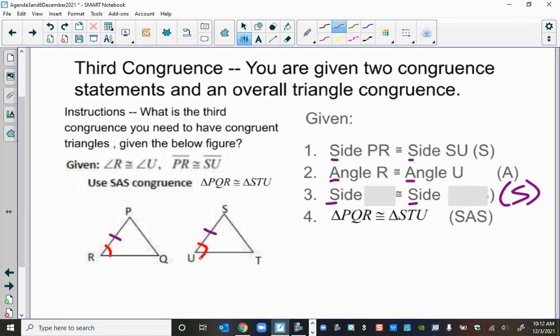Now, we want a side angle side. So be careful. We want a side angle side now. So they first gave us a side. Which side should we use from the left triangle to get that side angle side? Okay, so RQ. That's your third side.